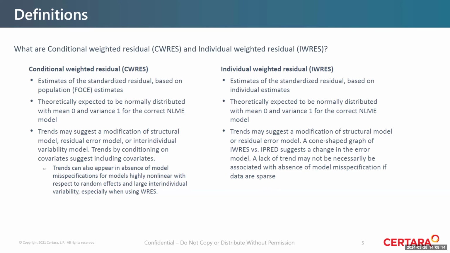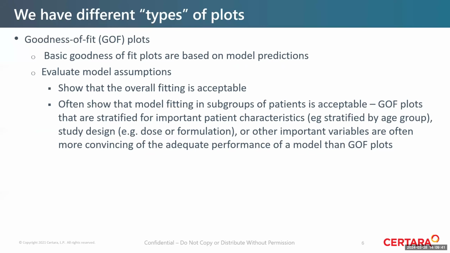However, sometimes trends can also appear even in the absence of model misspecification, just because the model is highly nonlinear with respect to random effects and also has large inter-individual variability, especially when you're using the weighted residual errors. These two are used to check if there's bias according to time or constant prediction in the model that you're building.